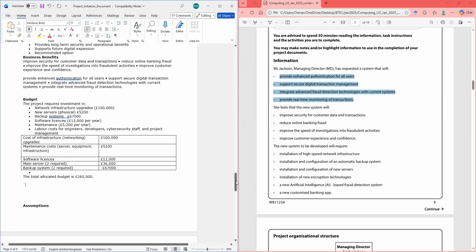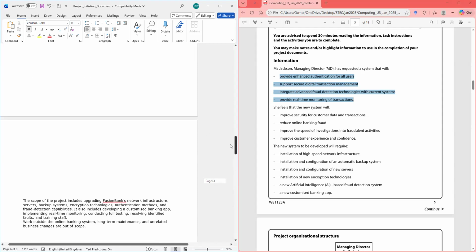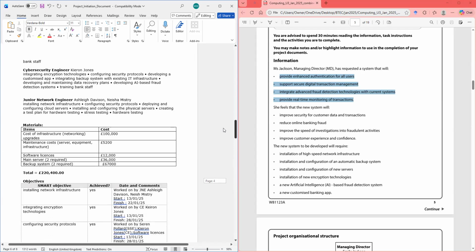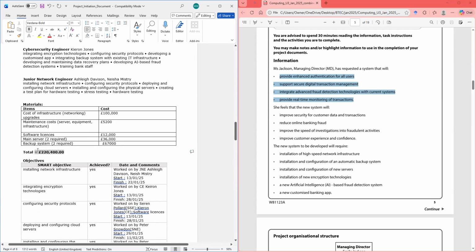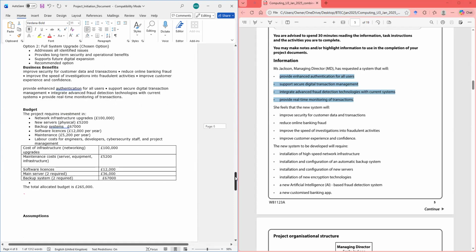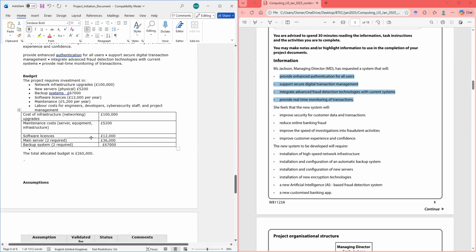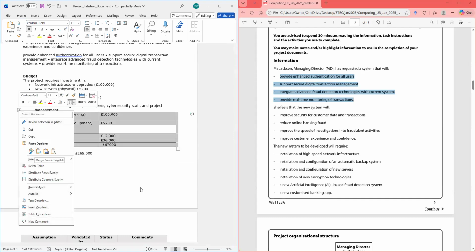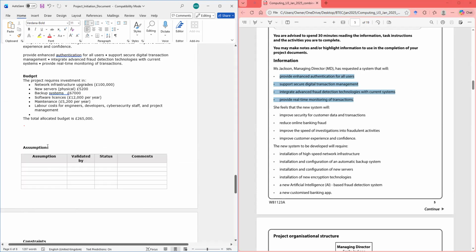Labor and cost, now we have to calculate that, because what's our total up here? Our total is this. So we have to calculate that. So the total, we're going to subtract it from here.